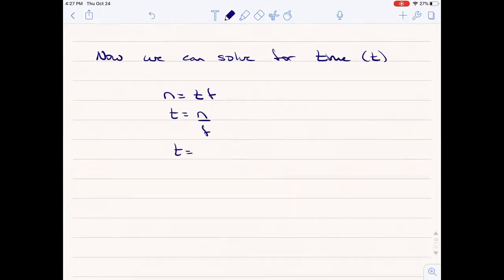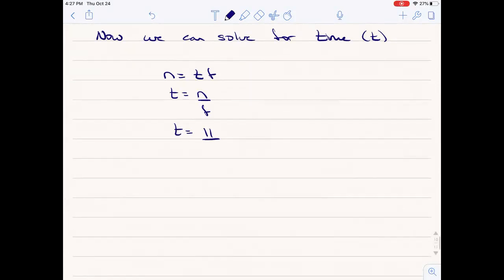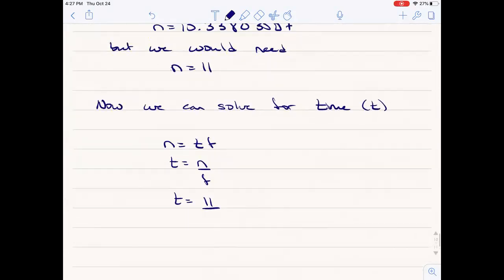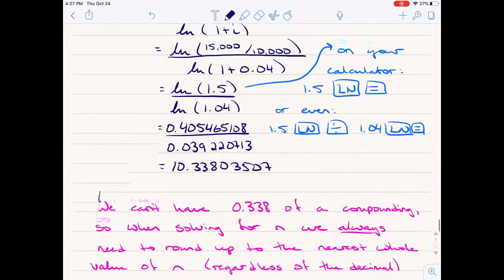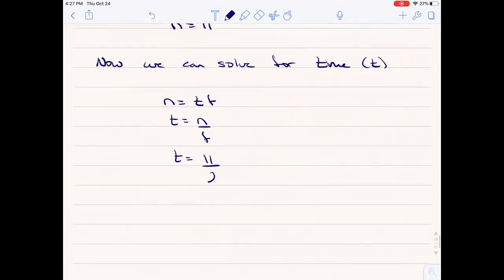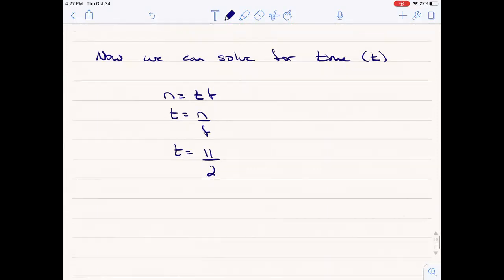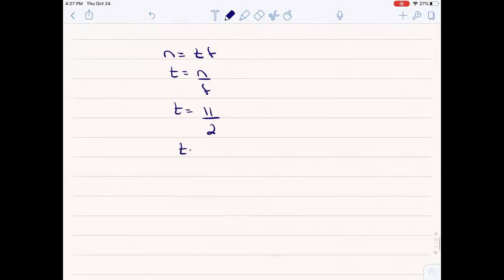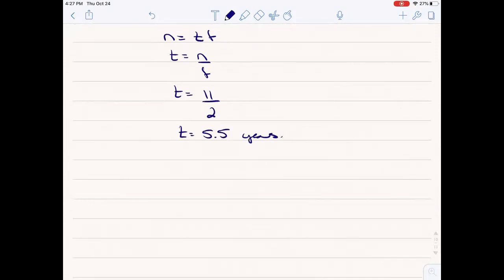So t is 11 divided by the frequency, which was 2. So 11 divided by 2 is 5.5 years.